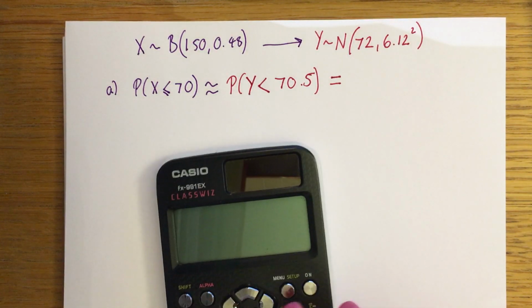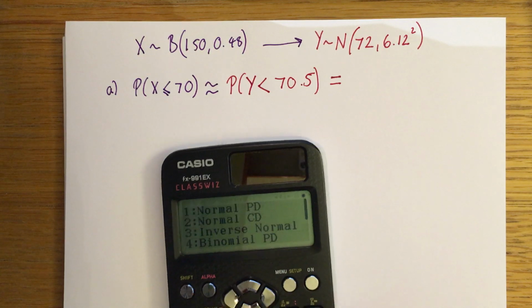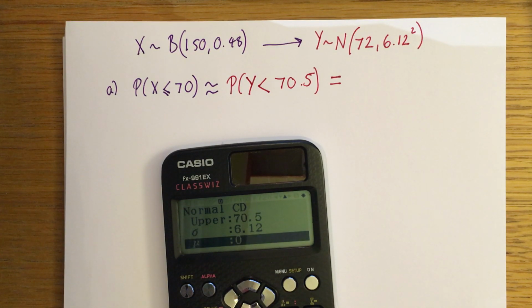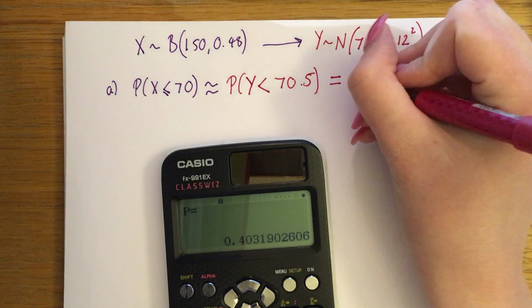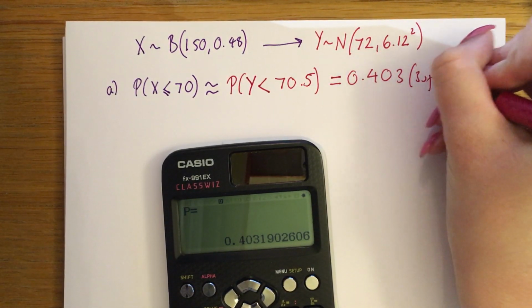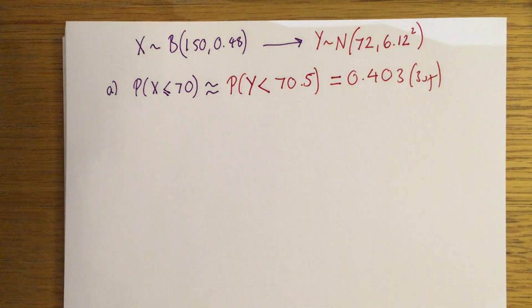So now I'm just using my calculator to do normal cumulative distribution, lower bound minus 1 times 10 to the power of 99, or whatever value you use, upper bound 70.5, standard deviation first, 6.12, and then a mean of 72. So that's 0.403 to 3 significant figures.